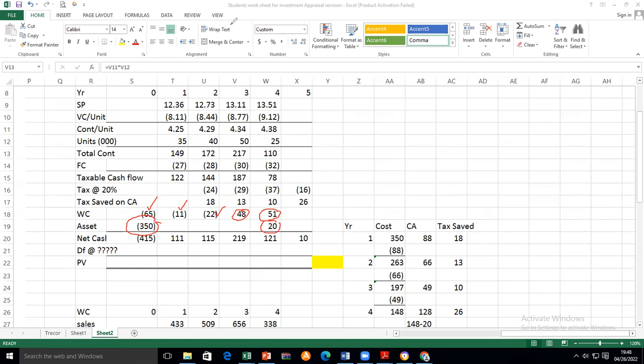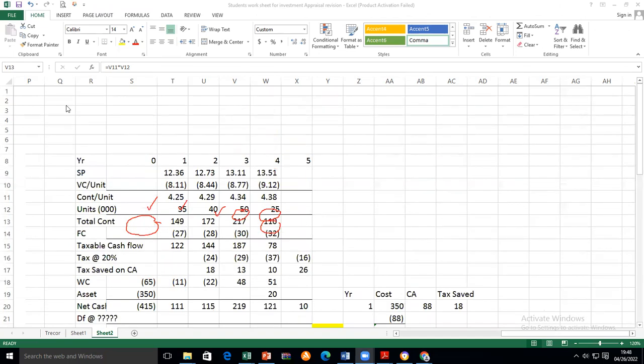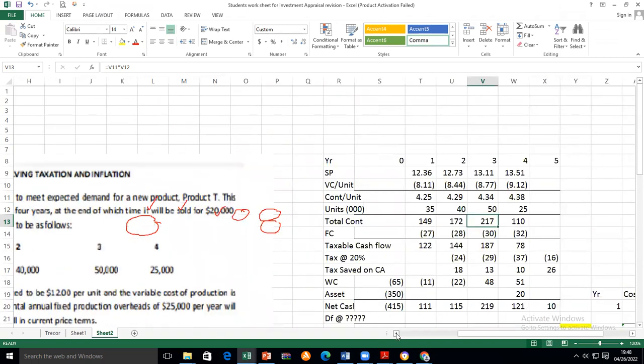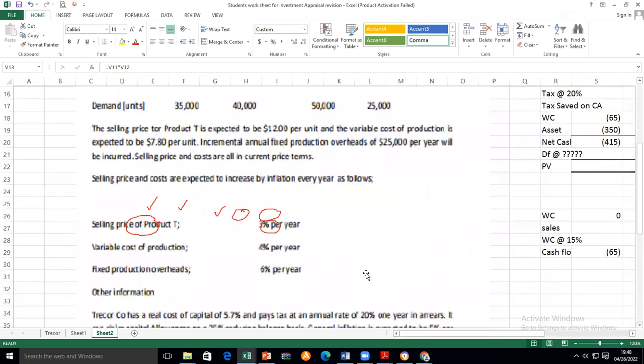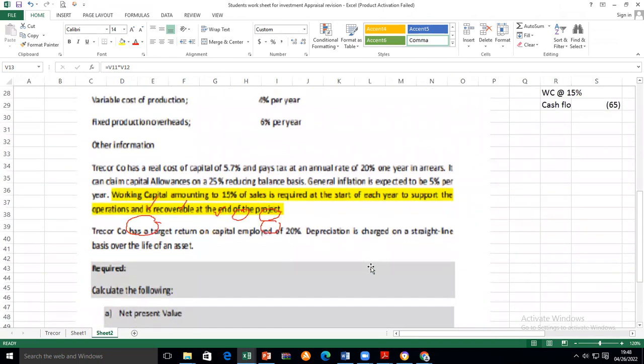Now let's deal with one last item here. We have inflated all our cash flows. So what are we looking for?